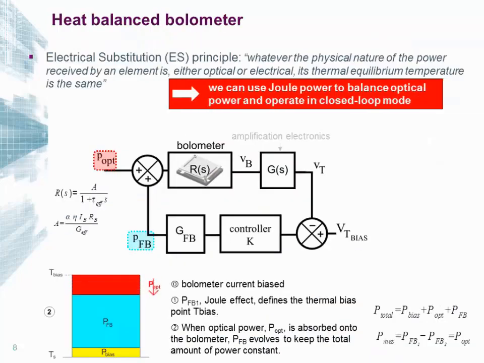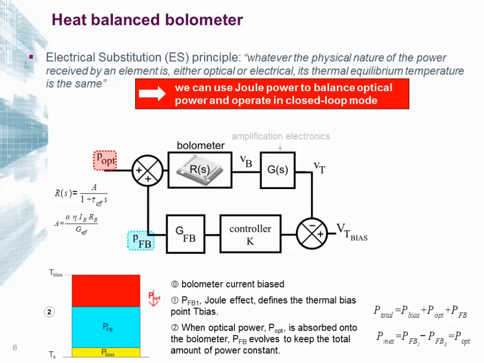So to do this, we are using the electrical substitution principle that says that whatever the physical nature of power is, the thermal equilibrium is the same. That means that either the incoming power is optical or electrical, we can balance the power to keep the same temperature.